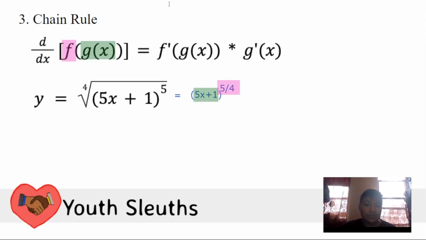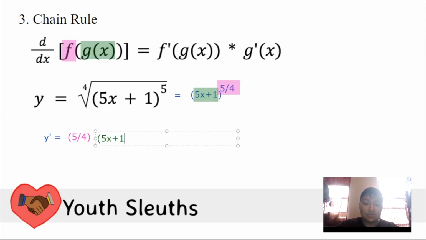So we would have y prime is equal to, we bring down the 5/4. And if we look at our rule, g of x stays the same. So we have that multiplied by 5x plus 1 because it doesn't change.